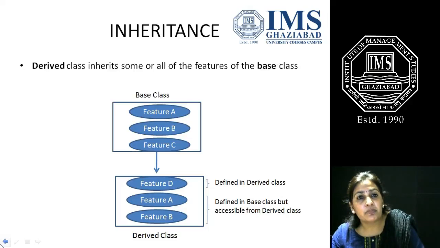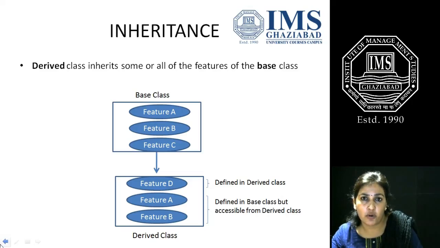One more thing: a derived class inherits some or all of the features of the base class. It depends upon our coding. We are inheriting all the features of the base class or some features of the base class.